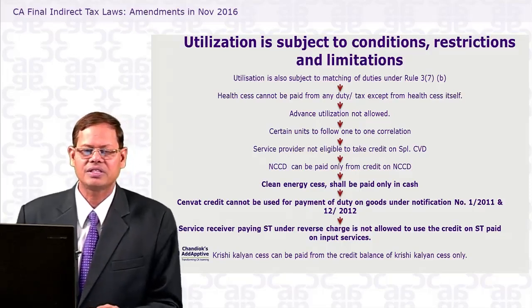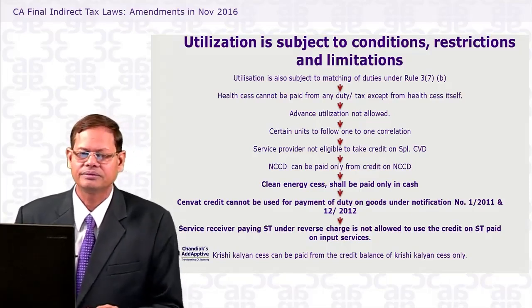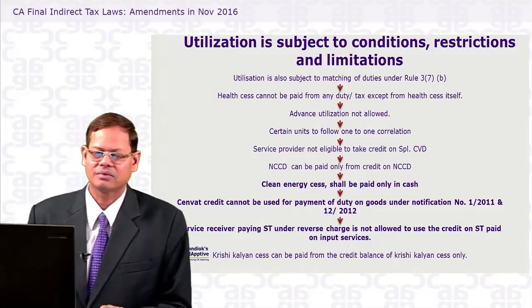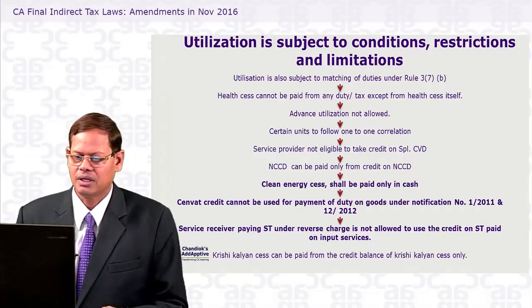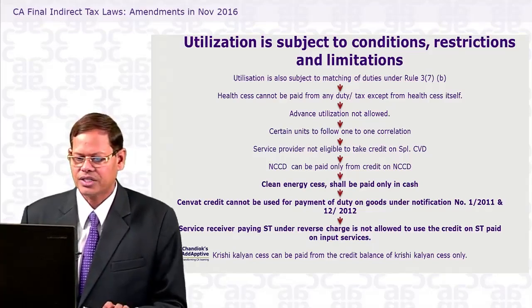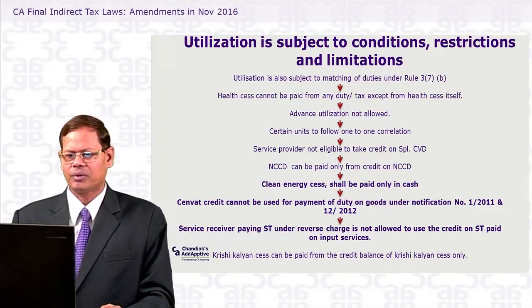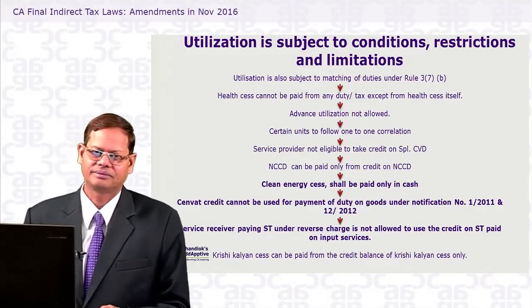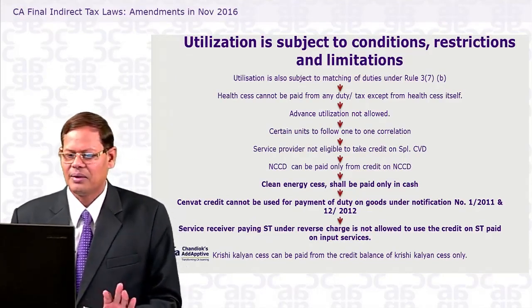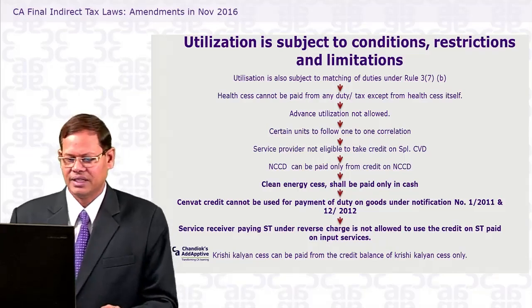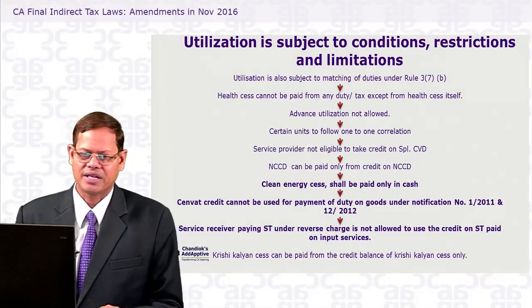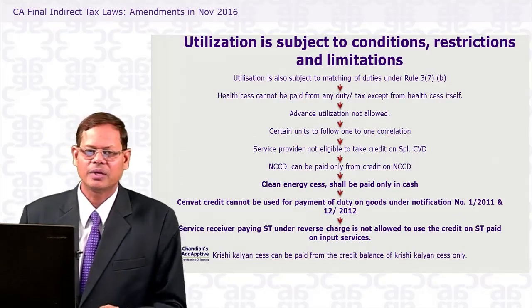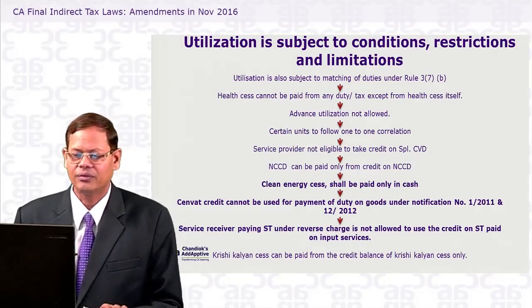Special CVD is nothing but sales tax paid, so that will lapse. He won't get the credit, obviously he can't utilize it. And next, NCCD can be paid only from credit on NCCD. And clean energy cess shall be paid only in cash. It is now being called clean environment cess.